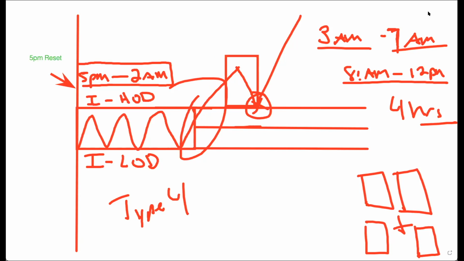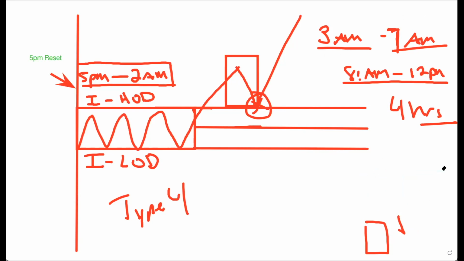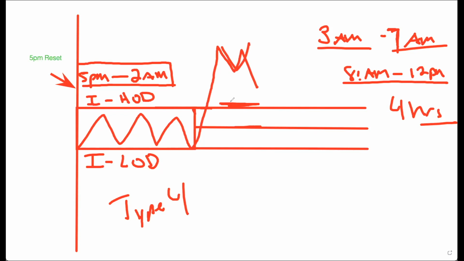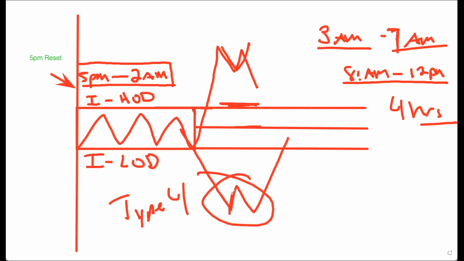And then you'll get one push, because typically on type 1 setups, you'll do this, and you'll do the M up here. The M, this part here, will never come down that far. So on a type 1 setup, same thing, the W happens down here. This W doesn't come all the way back down like that.